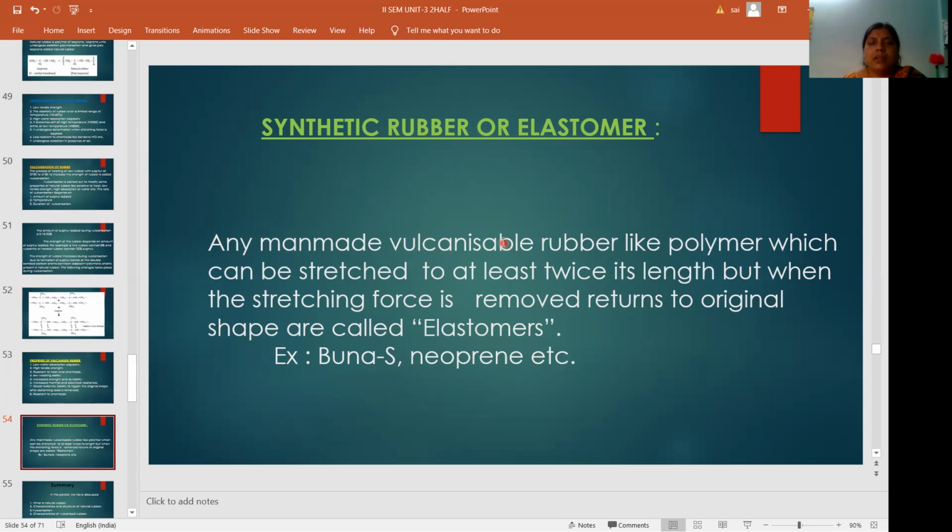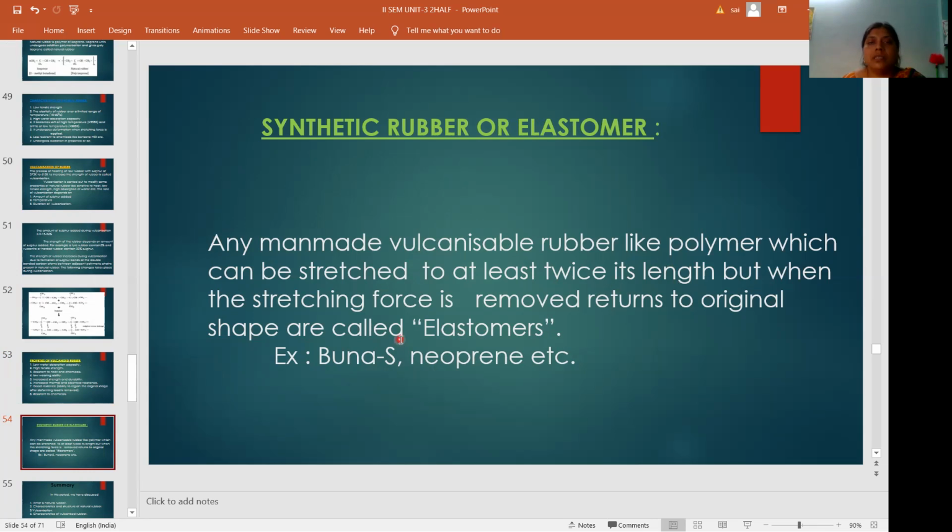It means that not from natural rubber, but by adding chemicals, we are preparing a rubber-like polymer. How is it? It can be stretched to at least twice its length. If its length is 1 meter, it will be stretched to 4 meters. Then when the stretching force is removed, it returns to its original shape.